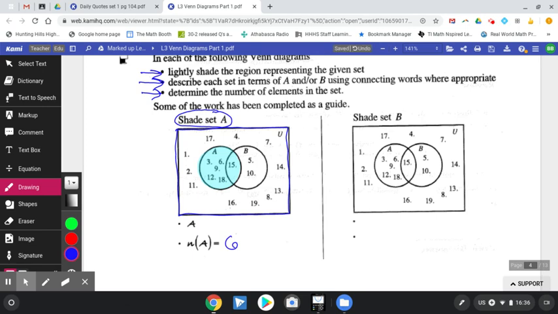All right, so you could easily do the shading on this next one. If you want to hit pause and give it a try, you are going to shade set B. And then down below, you're going to give the notation for this shaded area, and talk about the number of elements in that region.